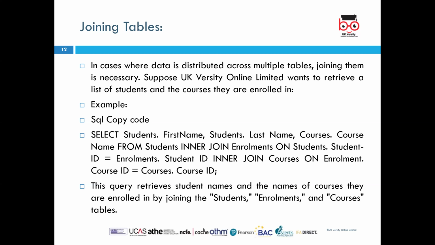From the students table, you are using the student first name and last name. From the enrollments table, you are using the student ID, and from the courses table, you are using the course ID. So this is an example of how you use joining tables.